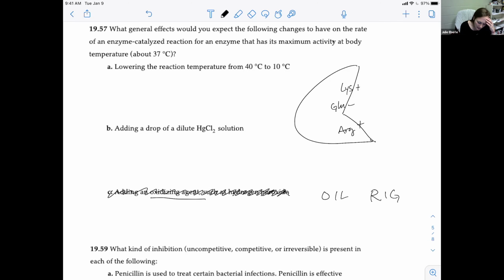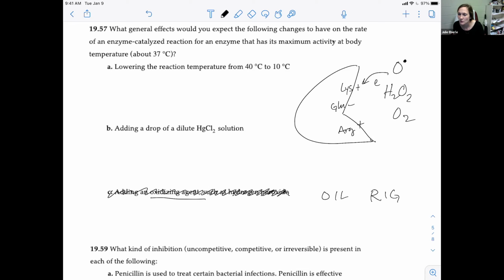And if we have an oxidizing agent, okay, H2O2 or oxygen or some other kind of oxygen come into here, especially even a free radical, an oxygen with an unpaired electron, if it gives an electron to this, we're going to take the negative charge or the positive charge away.